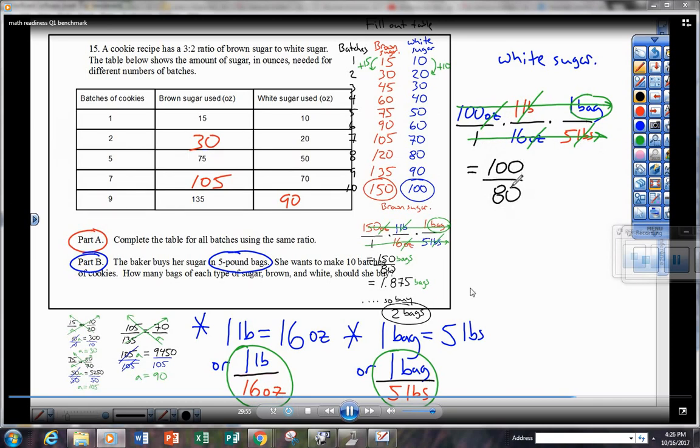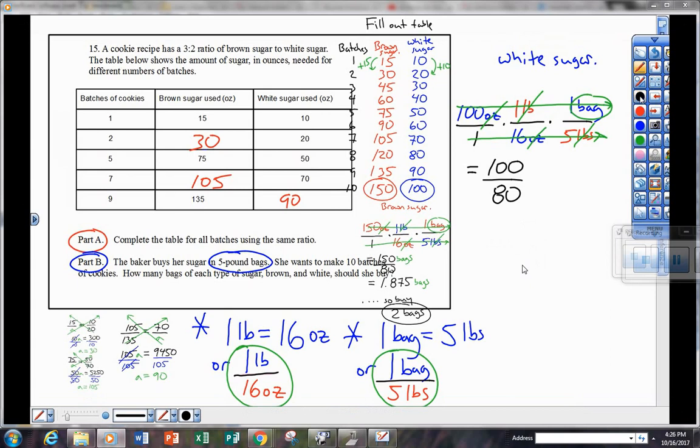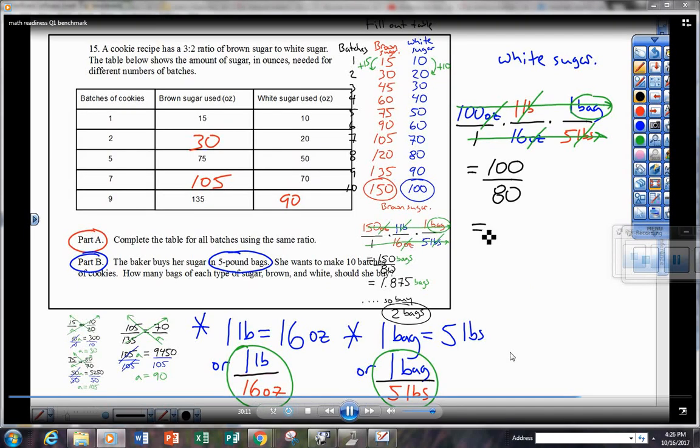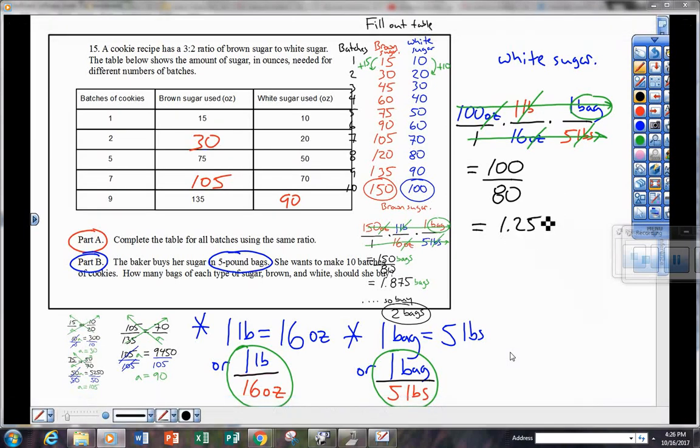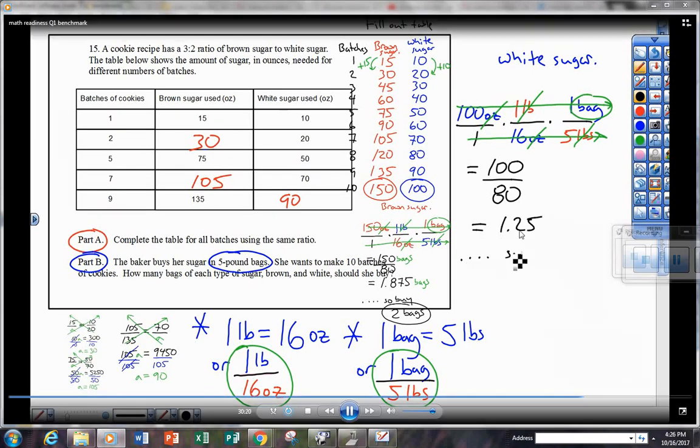And if I divide 100 by 80, that gives me 1.25. And again, they're not going to let you buy part of a bag. You're going to have to round it up to the nearest whole number, so that would be 2. 2 bags would cover that.